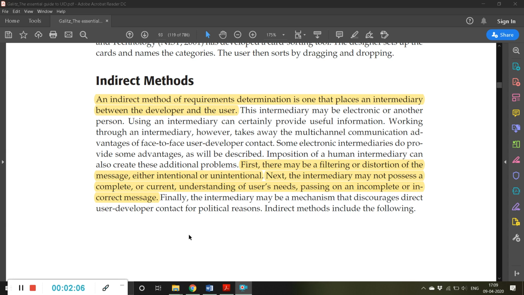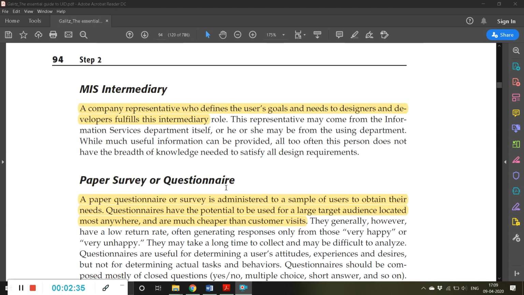Finally, the intermediary may be a mechanism that discourages direct user-developer contact for political reasons. There may be some other political reasons, and because of that this intermediary person doesn't want the communication between the user and the developer. There may be many reasons like this. So these are some of the disadvantages associated with indirect methods.